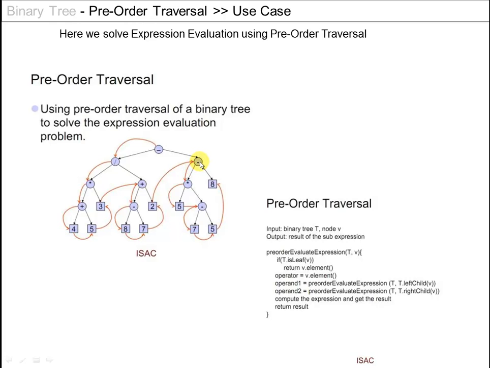What is the use of pre-order traversal? Pre-order traversal can be used to solve the mathematical expression problem. Using pre-order traversal of a binary tree, it can be used to solve the expression evaluation problem. Okay, and here is the code algorithm to solve that expression evaluation using pre-order traversal.